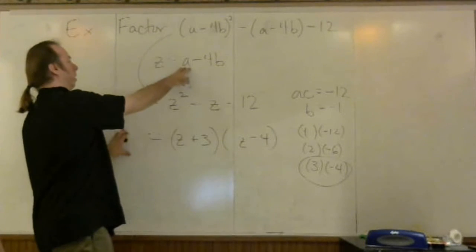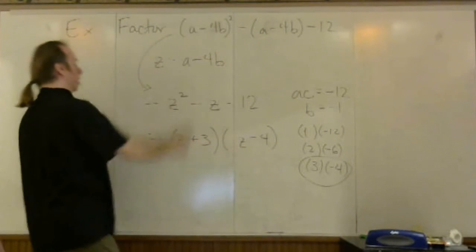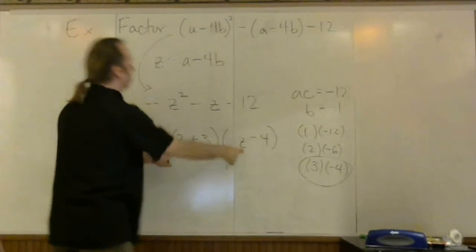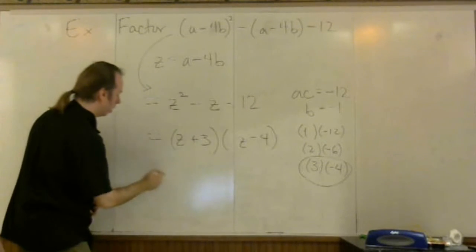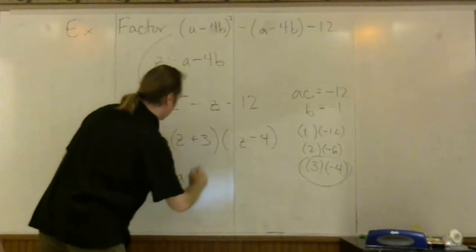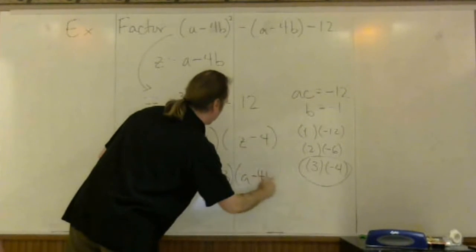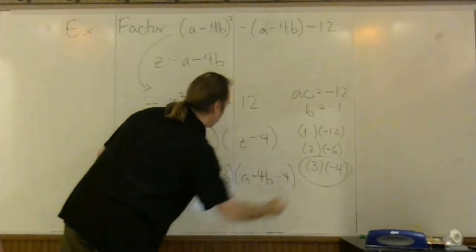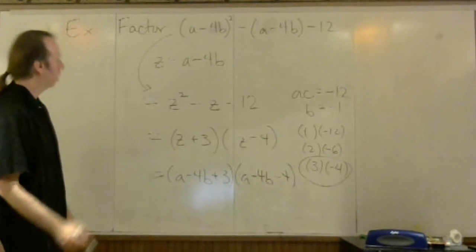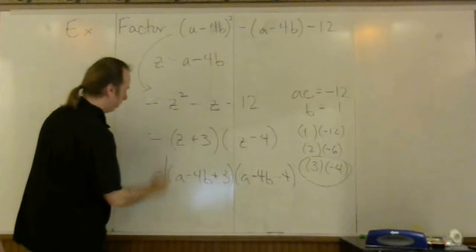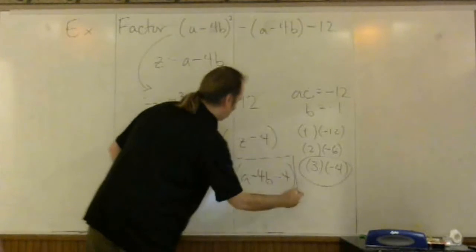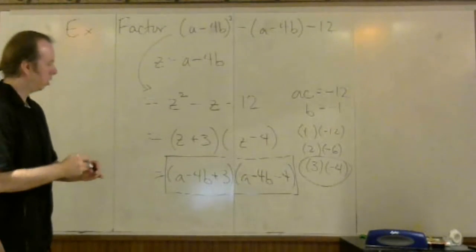So I take z equals a - 4b, I replace all the z's with that a - 4b again. And now this is factored. And we're done.